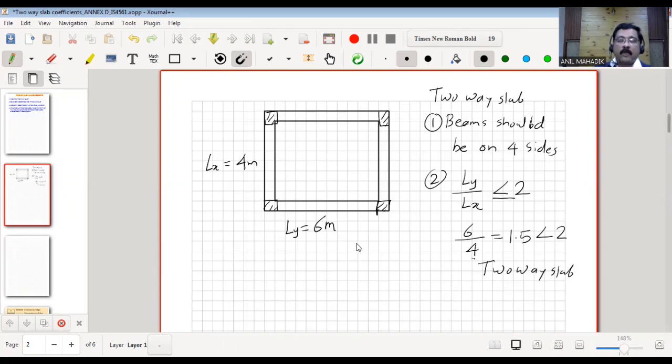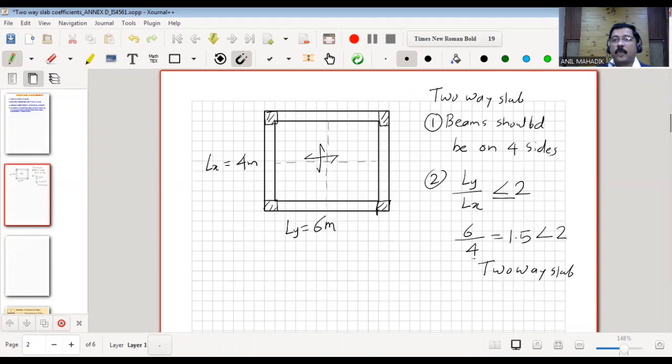We are only trying to understand the concepts of the analysis in these sessions. And in some other sessions, we will see the design also. Now that means it is a two-way slab, and it is generally denoted like this because it is spanning in both the directions. So as it is a two-way slab, it will bend in the two directions, and there will be bending moment in both the directions.